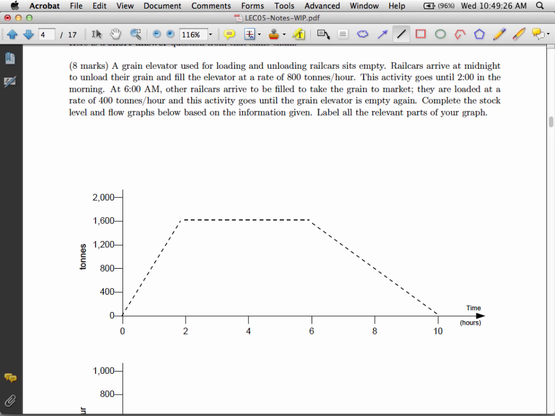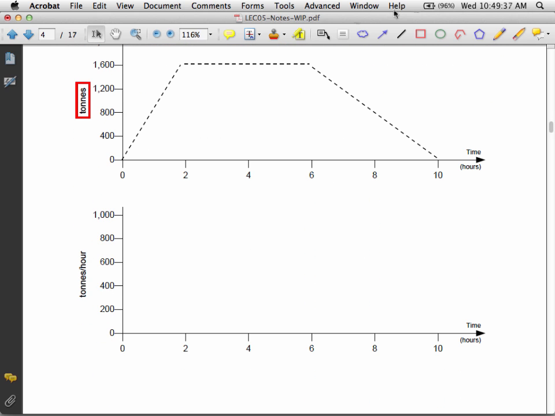And there we go. It's important to understand that we're looking at the tons of grain, the amount of the stock over time. This graph down here is looking at rates. We have tons per hour. So again, something important to keep in mind if you see a question like this: what are they asking for?